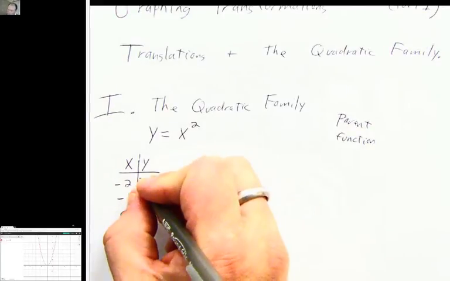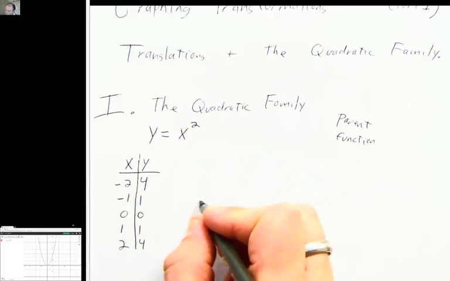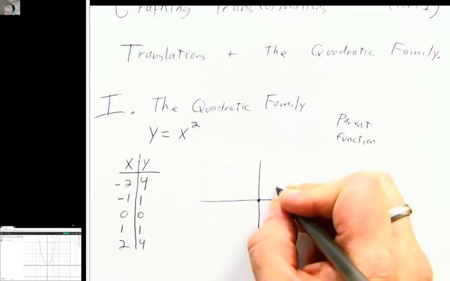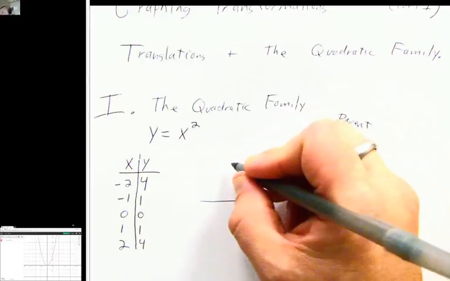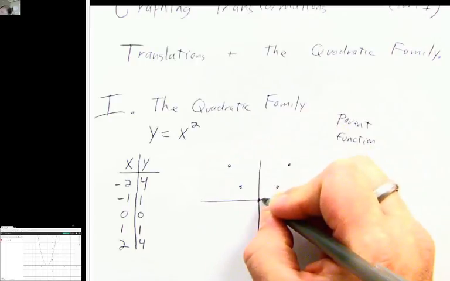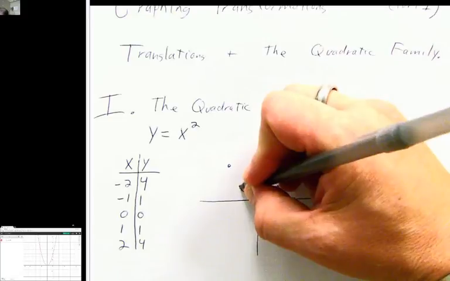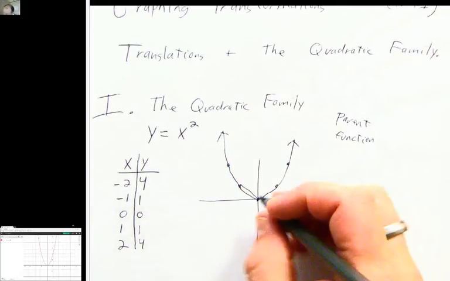Negative 2 times negative 2 is positive 4. If you graphed these points, you'd have them like this. You connect the dots. And that is our first parent function, y equals x squared.